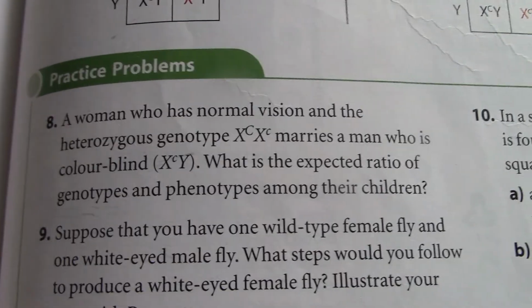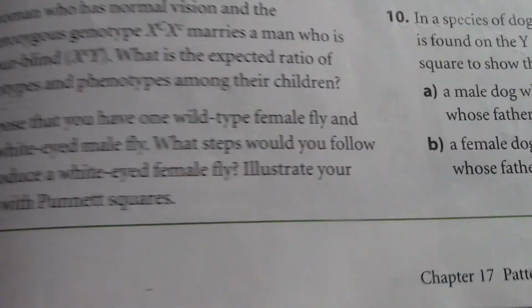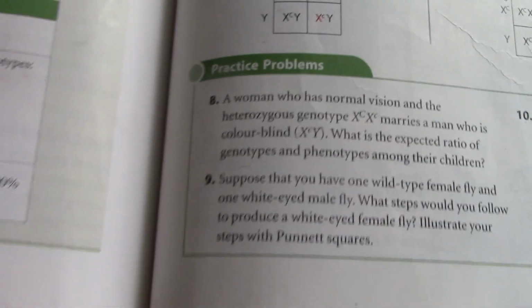So if we look at X-linked traits, this is one example that we'll need to do. So this is page 603, McGraw-Hill, questions 8 through 10. I'm going to address this. So this is page 603, numbers 8 through 10.